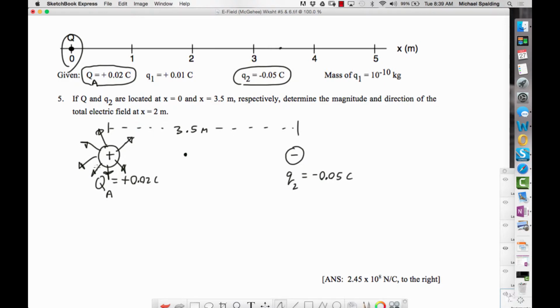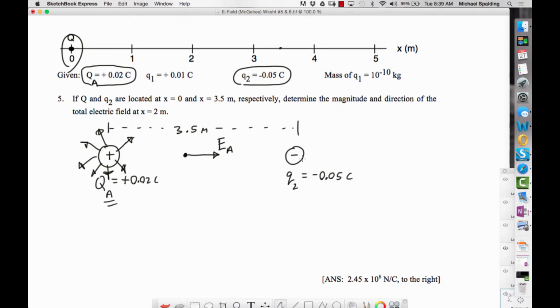So what's the electric field line from this guy doing at the point we're focusing on? Is it going to the left or to the right? To the right. So we have an electric field from charge A. So we're going to label this EA because I'm calling this guy charge A. So the electric field from charge A goes to the right.